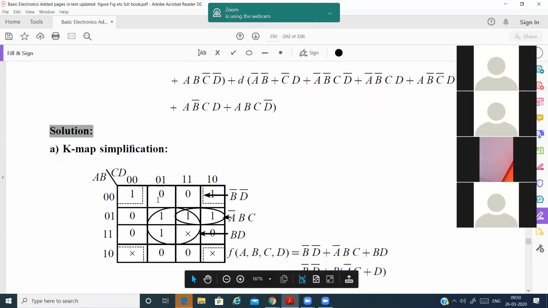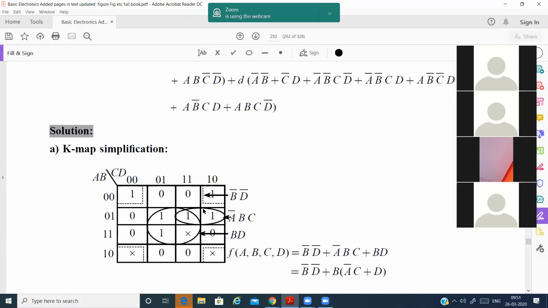Now you can make a group of 4 or you can make a group of 2. That means it should be a group of even numbers. In general, it should be a group of even numbers, and grouping can be done like this.